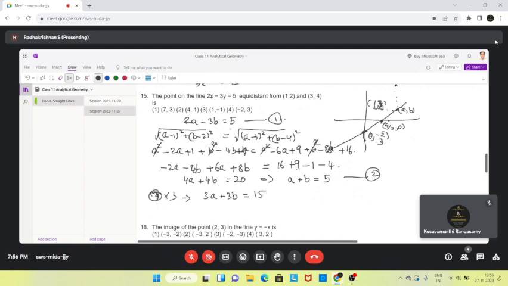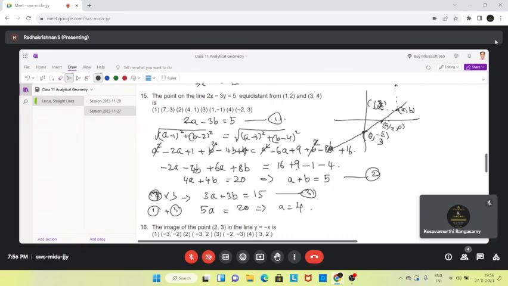So I'm now adding 1 and 3 to get 5a. So the b gets cancelled out. 5a equal to 20 or a equal to 4.